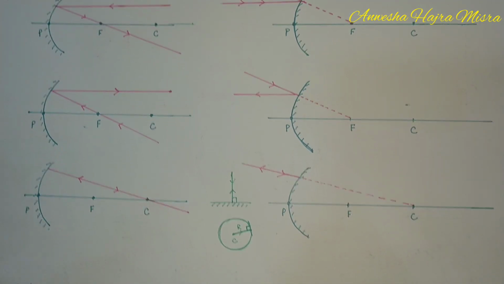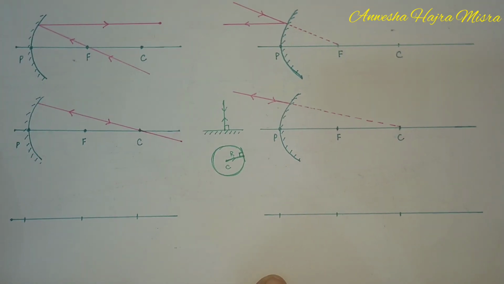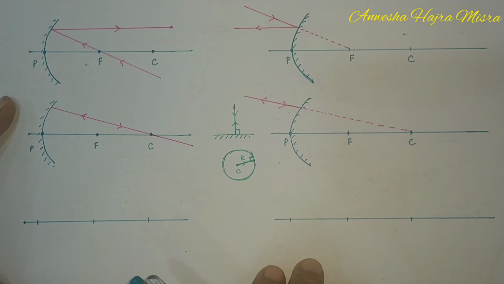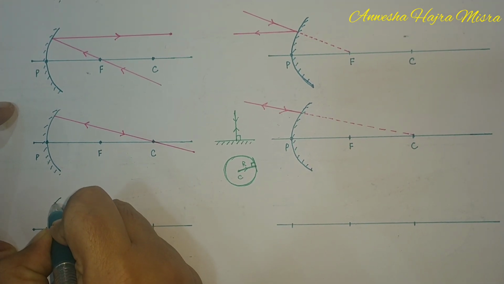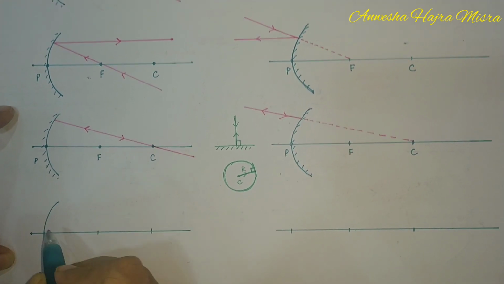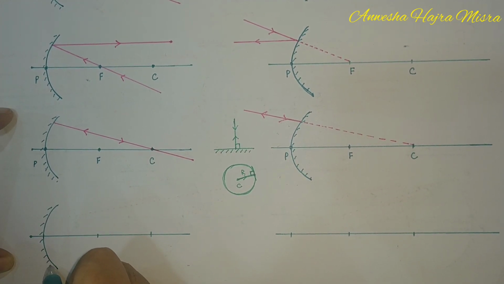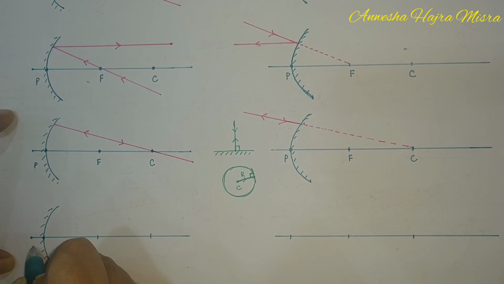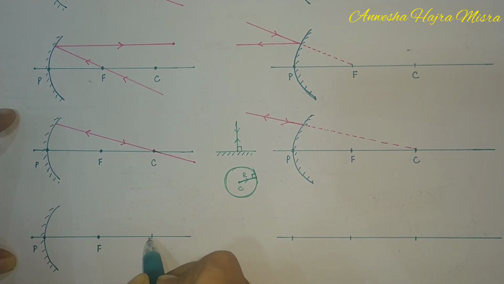The fourth law, which you should remember, children, for drawing ray diagrams. This is my concave mirror. This is my pole, focus.